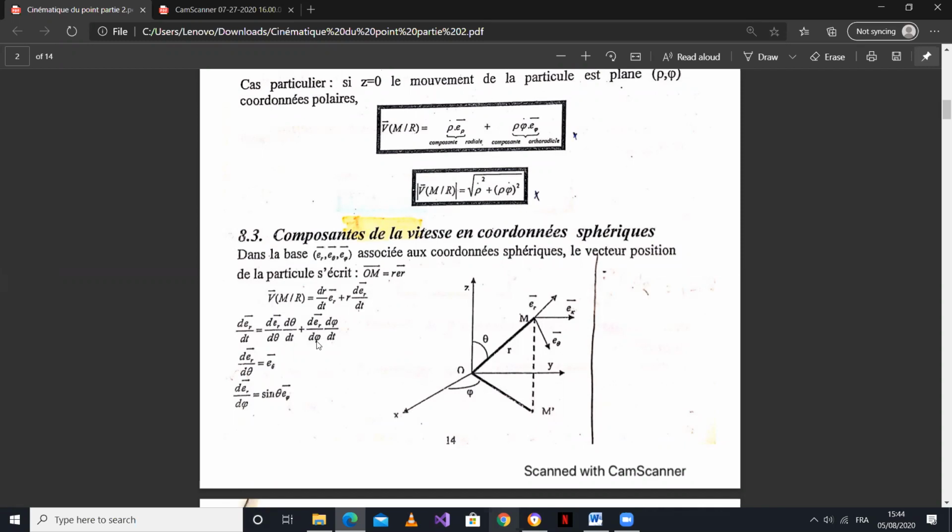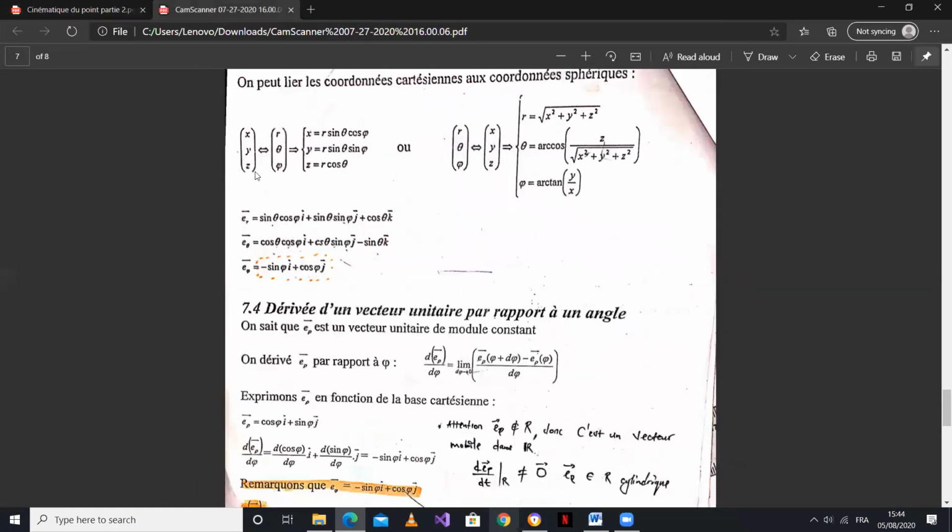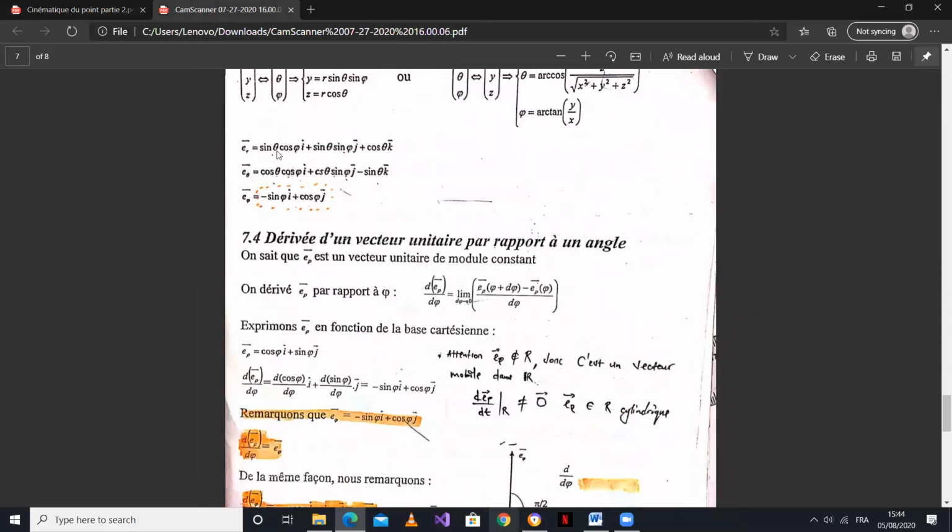So we are going to begin with this first one, d de ER par rapport à theta. Since you guys have not been revising, today we'll be working together. I want you to get this expression, ER, and derive it par rapport à theta.